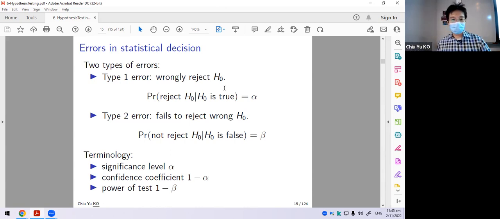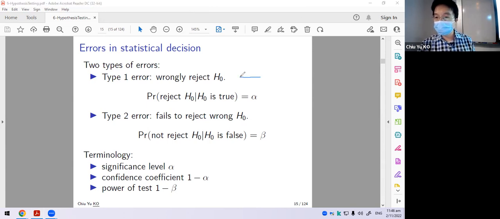And there's another type of error: when H0 is wrong, but we fail to reject it. You can easily see that actually they are closely related. Maybe it's good to explain a little bit why they are related, so I'll just give an idea.